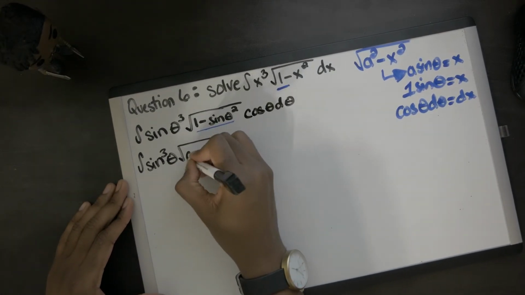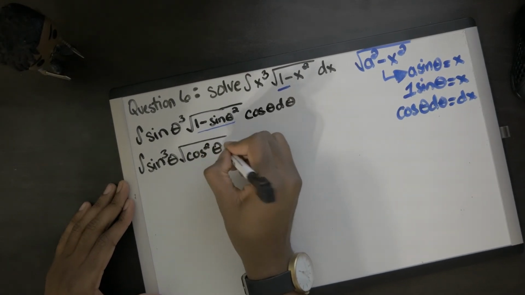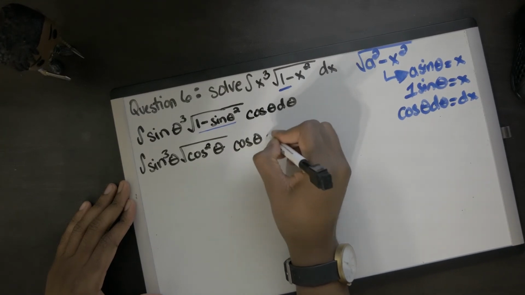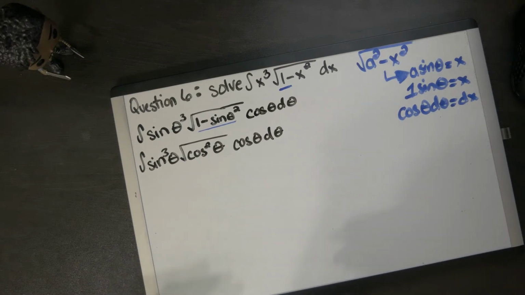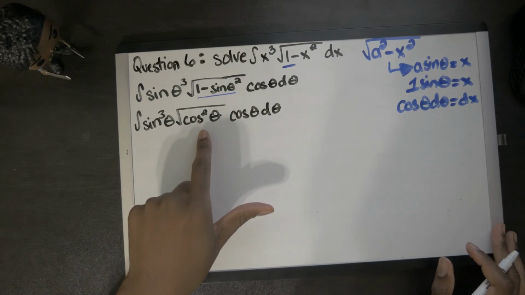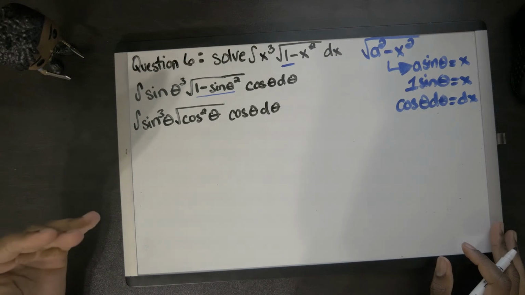It's actually going to be cosine squared theta. And then, of course, we still have the cosine theta d theta outside. So you can see how we're already condensing things down. But what happens when you have a square root, or I'm sorry, a squared variable in a square root? We get rid of it, right?